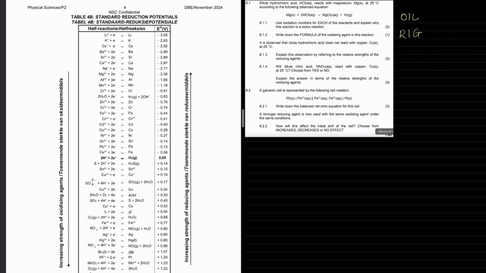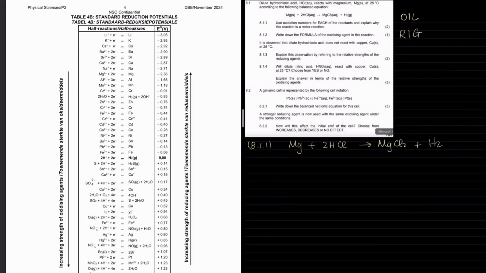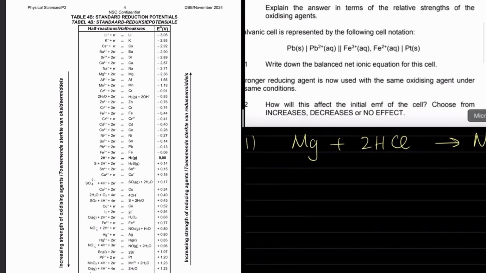So 8.1.1. I have Mg plus 2HCl gives me MgCl2 plus H2. Now we need to remember our rules when we are writing down oxidation numbers. For example, one of the most important rules is that something on its own, like Mg, will have an oxidation number of 0.